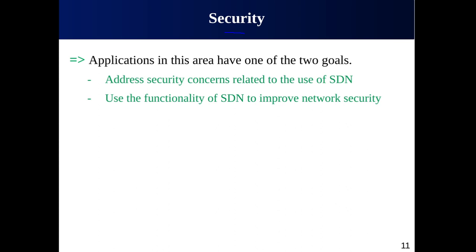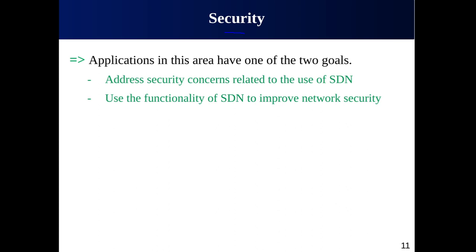Like, there are different types of threats for a network, and they occur at any level. We saw that we have three layers: the control layer, the application layer, and the data layer.